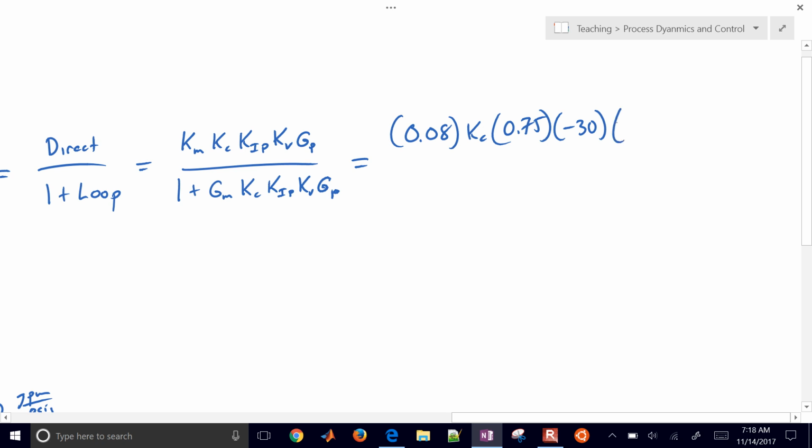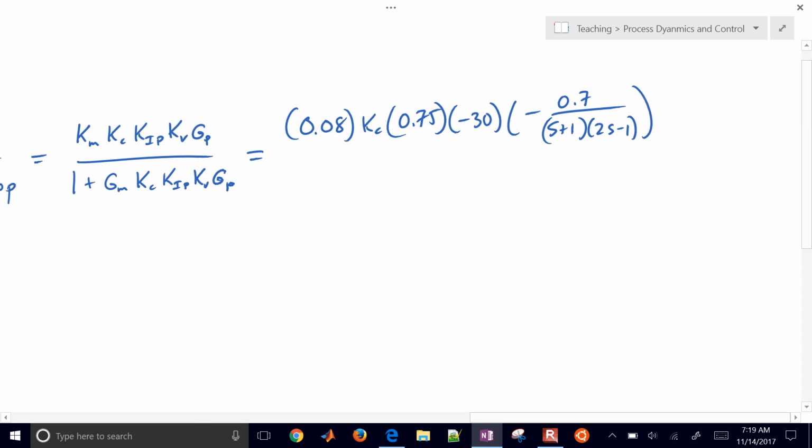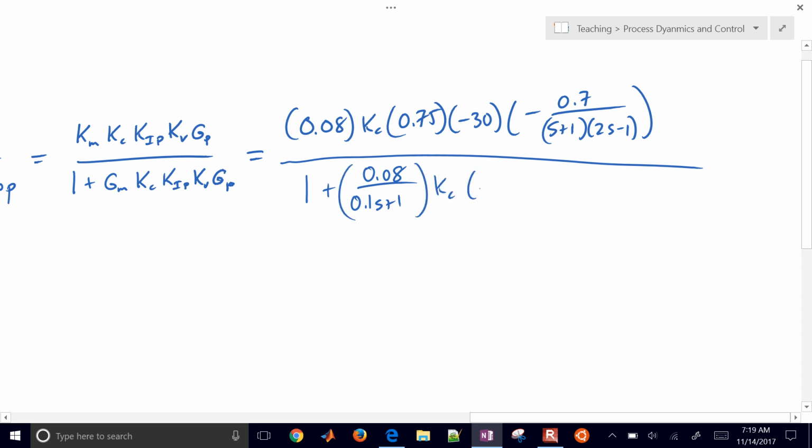And then Gp is just the transfer function that was given to us: -0.7 divided by s plus 1 times 2s minus 1. Then the same thing on the bottom, except that we're going to have some measurement dynamics in addition to the 0.08, 0.1 s plus 1. The rest of it is going to be the same.